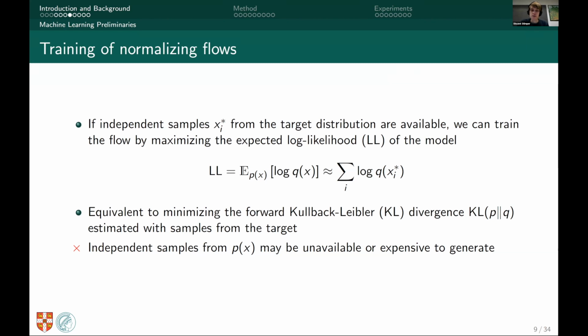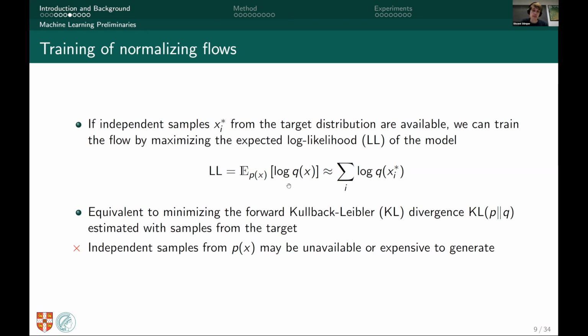And yeah, this approach is equivalent to also minimizing the forward KL divergence, which takes this form. If you estimate it using samples from the target distribution, I mean, this, just as a side remark, there's just an additional term which drops out because it only contains the target distribution. And this is like a very popular approach to train normalizing flows, also to train other machine learning models.